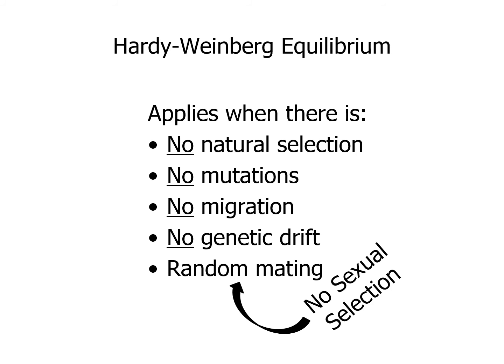So there's no female peacock choosing a male because his feathers are so gosh darn irresistible. It is completely random, and that is what we have to assume for these equations.